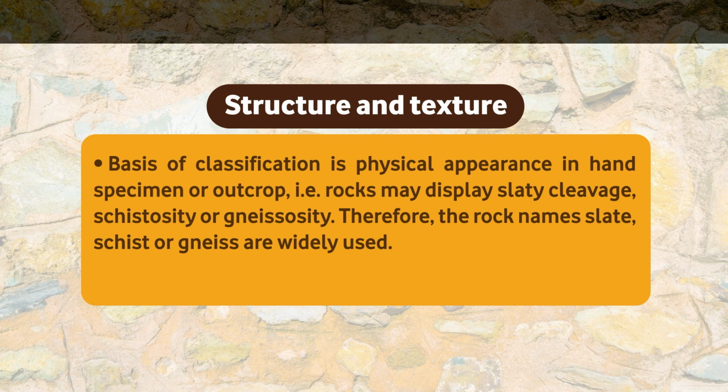Rocks may be displaying slaty cleavage, then we call that a slate. If we have schistosity or gneissosity being developed in the rock, then we will call that rock either a schist or a gneiss. Therefore, the rock names usually used will be slate, schist and gneiss, which we commonly come across in the metamorphic literature.